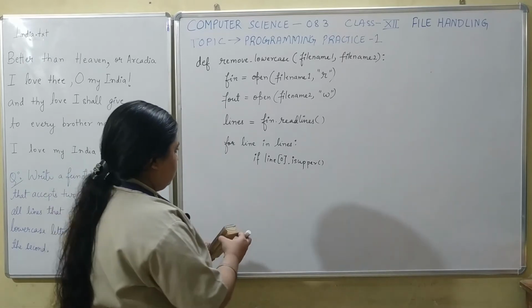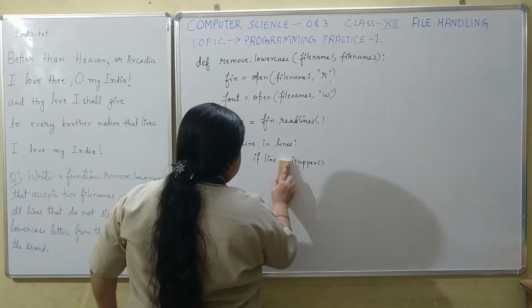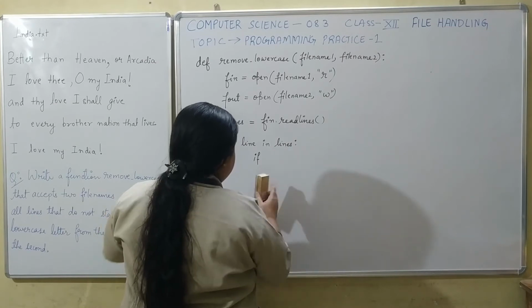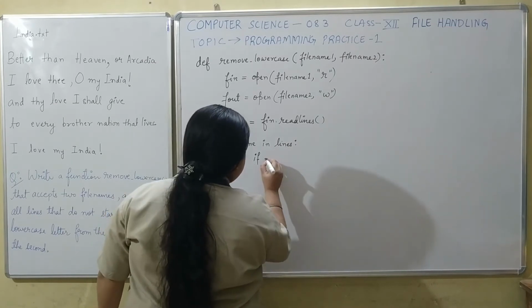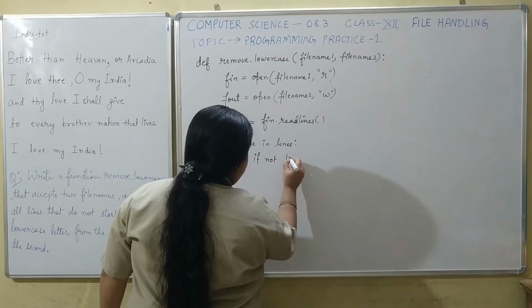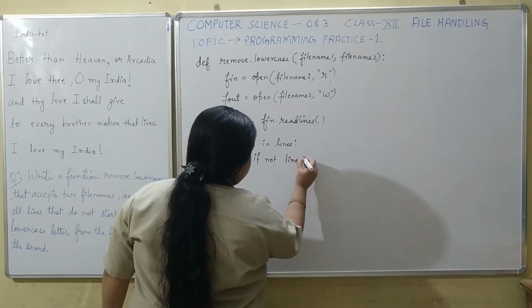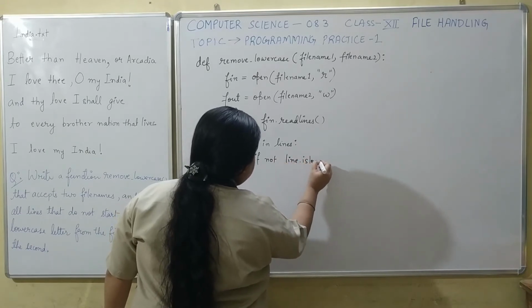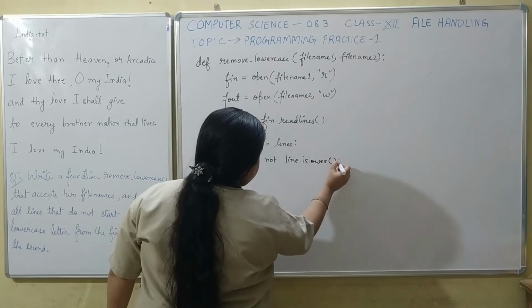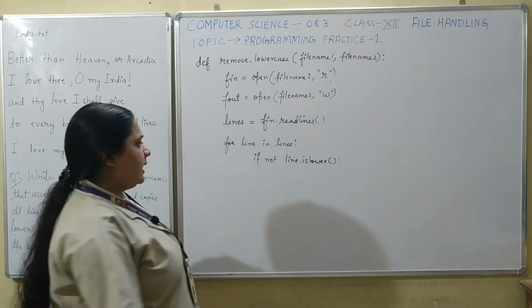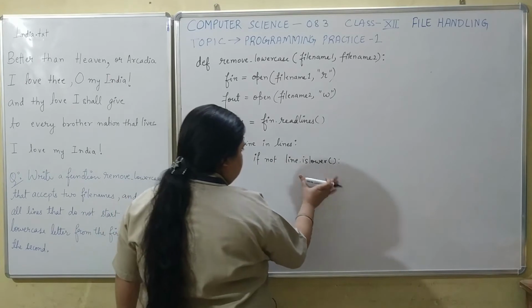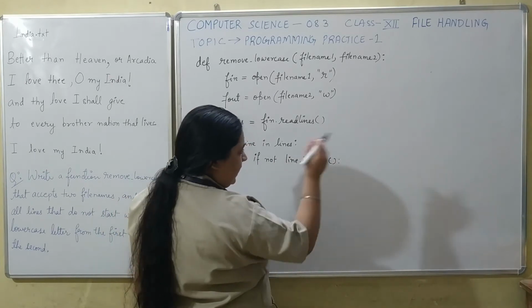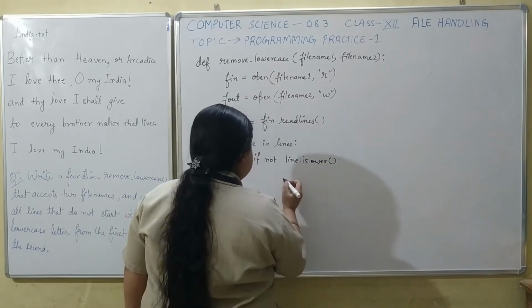So we are going to write it in this way: if not line dot is lower. If not line dot is lower, if this is the case, then we have to write it to the next file.